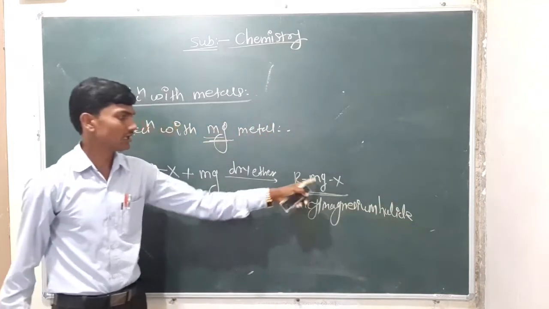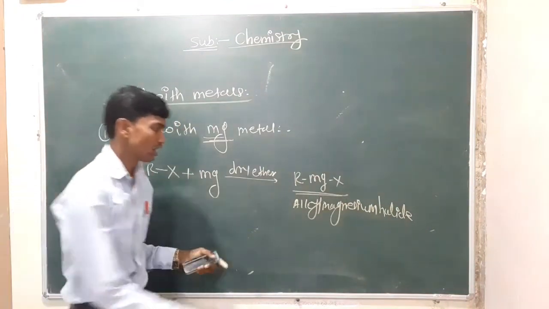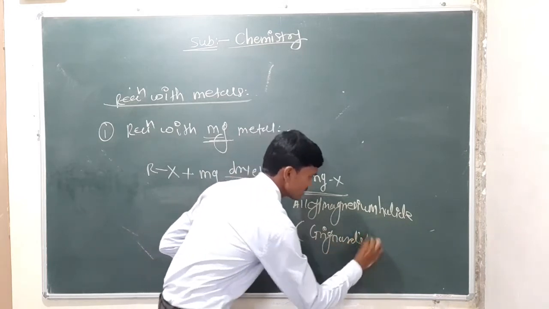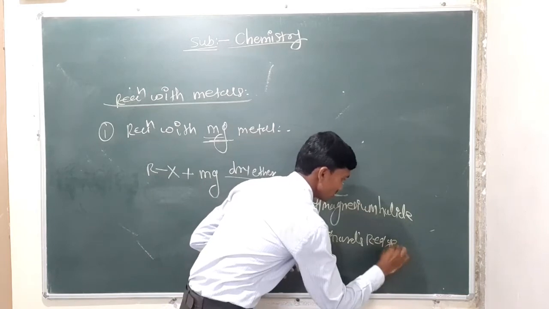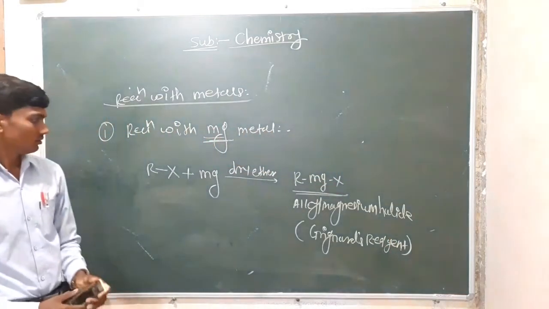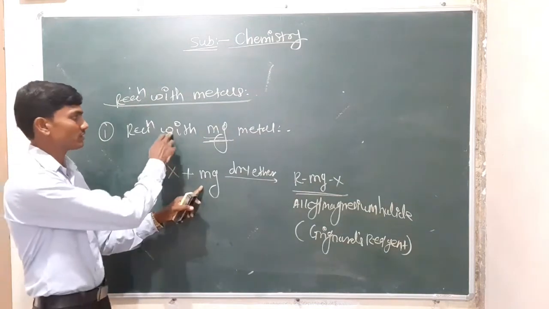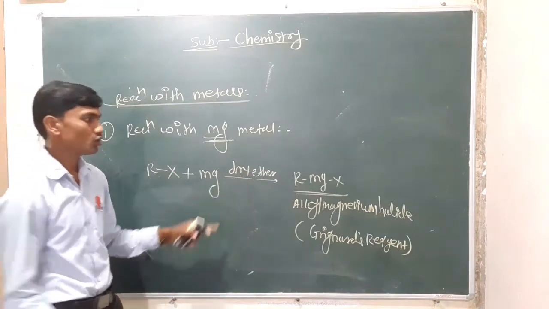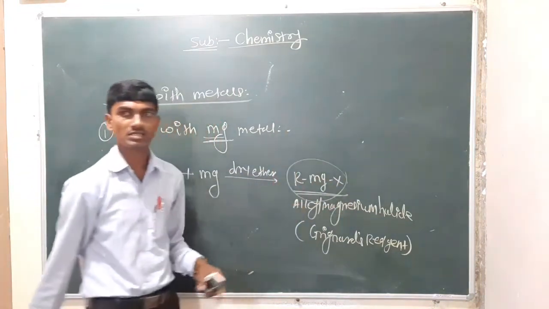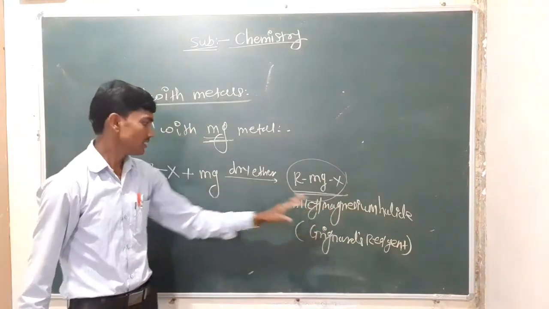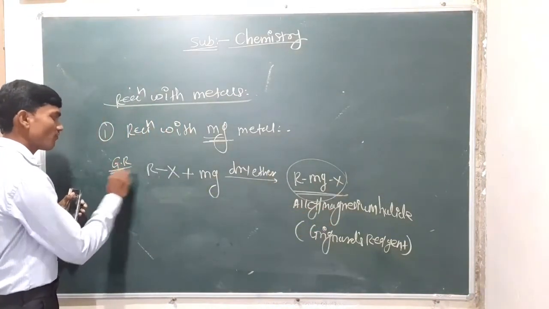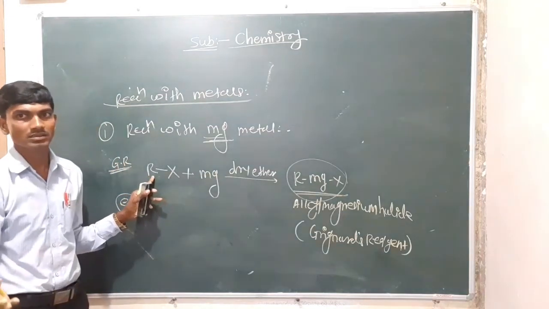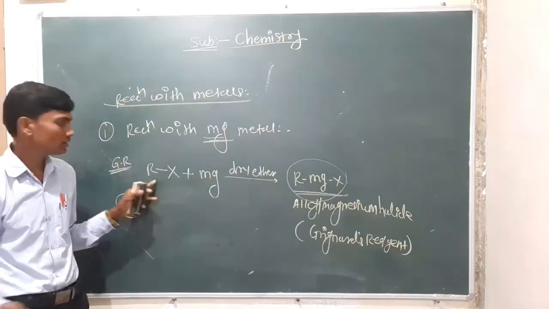This alkyl magnesium halide complex is also called Grignard's reagent. When alkyl halides react with magnesium metal in the presence of dry ether as a solvent to form alkyl magnesium halides or Grignard's reagent, this is the general reaction. For example, the R group may be CH3, C2H5, C3H7.